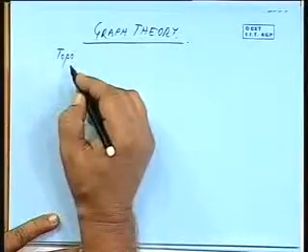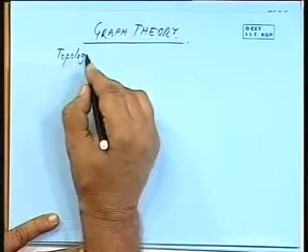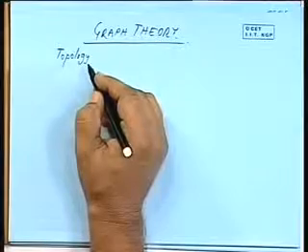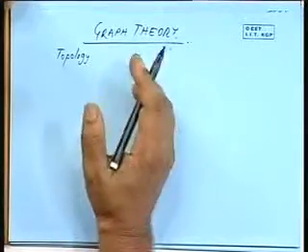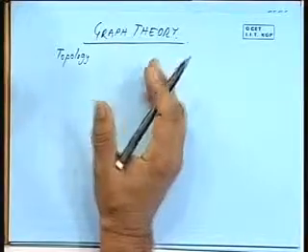Now, let us first of all define some of the basic terminologies, and then we will see how to use these terminologies and how to use the basic network laws in a very compact form.